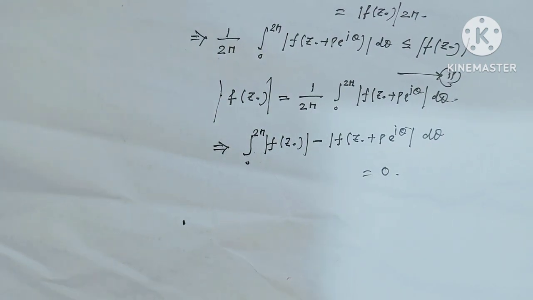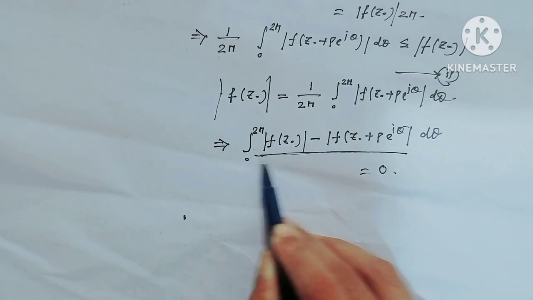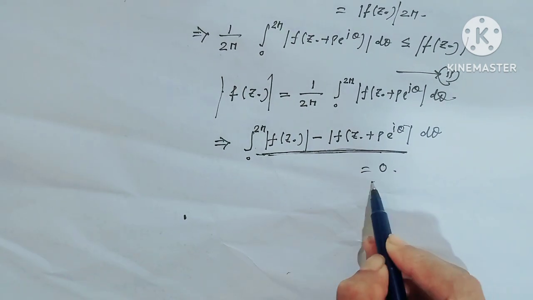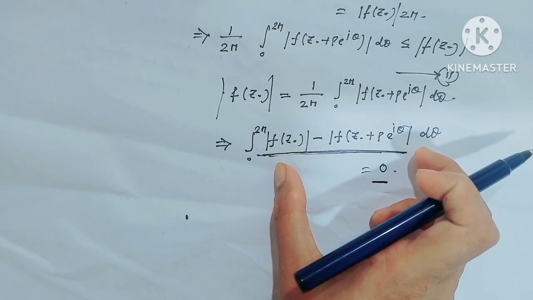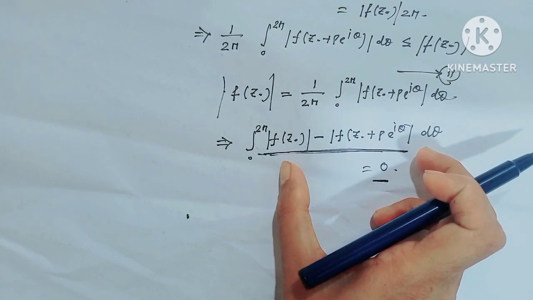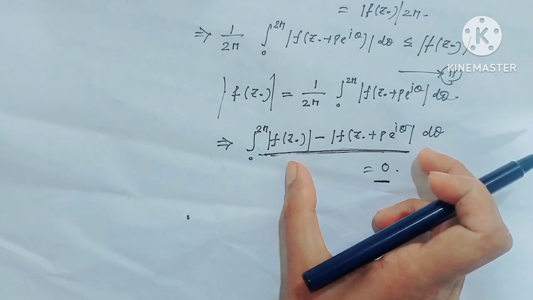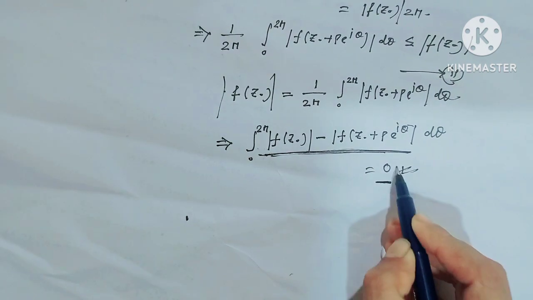I hope all my viewers have understood. This is a non-negative integrand whose integral value is 0, since the absolute value of f(z) is less than or equal to the absolute value of f(z0), so this is the non-negative part whose value is 0.